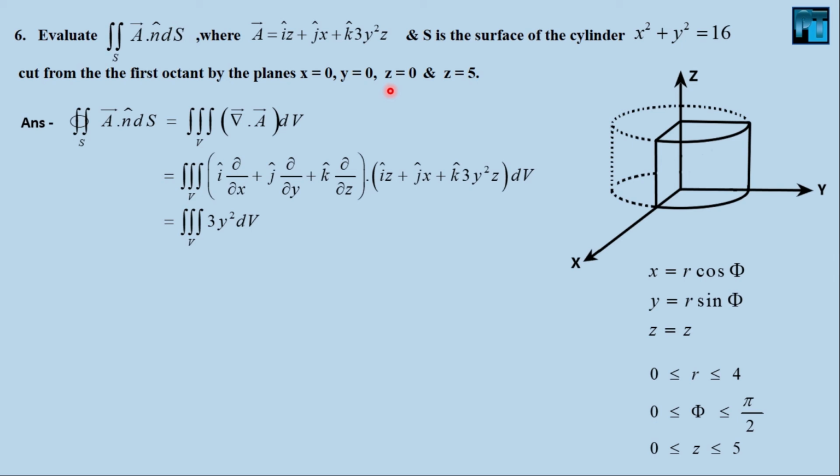See, z equals 0 to 5. Since it is only the first octant, we are bound by π/2 only, because the whole cylinder will get a 2π value of φ. Now this is only the first octant, so we are left with only π/2.